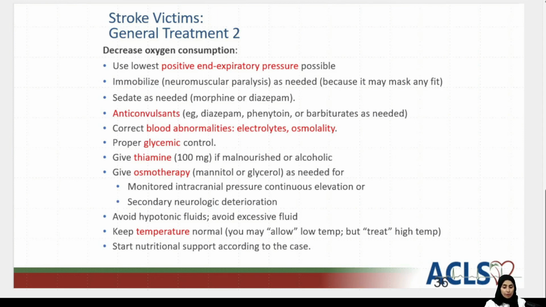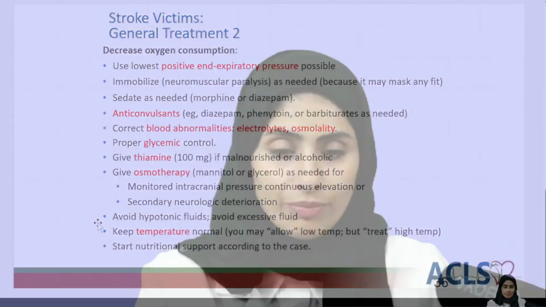Give osmotherapy as needed to manage intracranial hypertension. Avoid hypotonic saline. Avoid excessive fluid. Keep temperature normalized and start nutritional support. Be sure that the patient is able to take orally or you can insert an NGT. Don't forget physical therapy. Thank you.